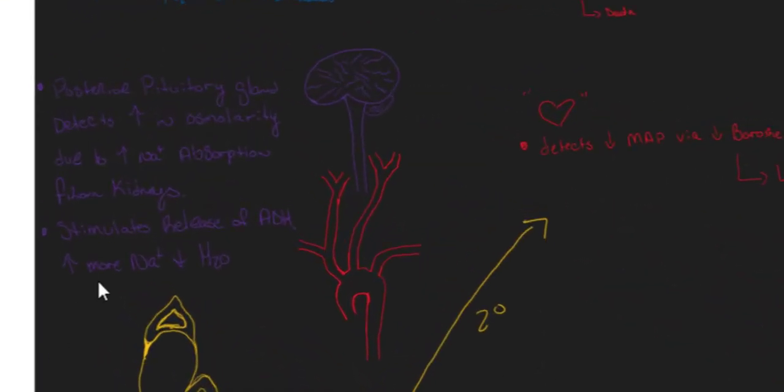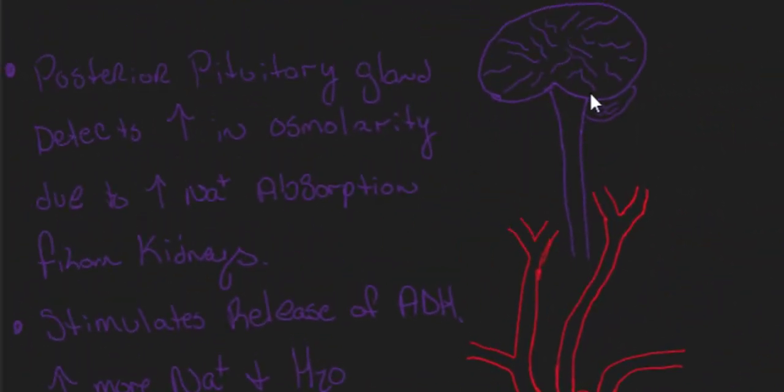stimulates our posterior pituitary gland. It's located up there with our brain, and actually, the aldosterone itself doesn't stimulate that posterior pituitary gland to work. What it does is cause us to increase our sodium absorption and change the osmolarity of our blood.